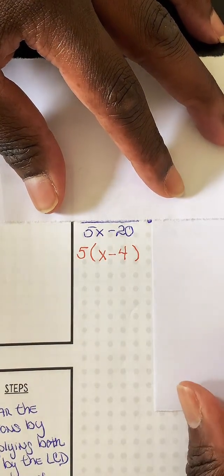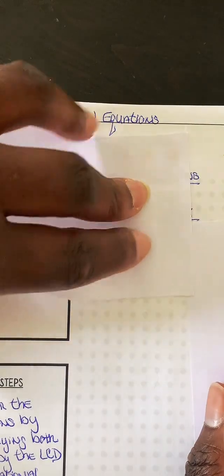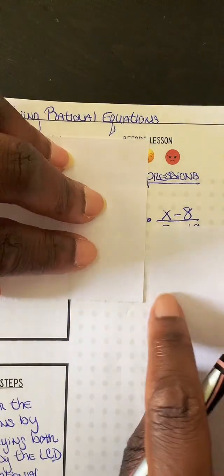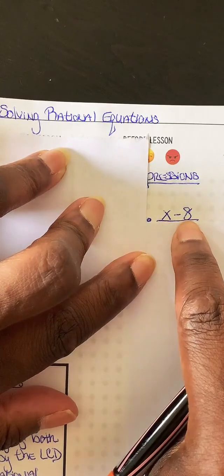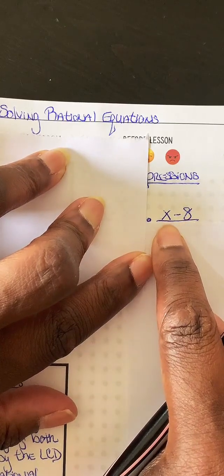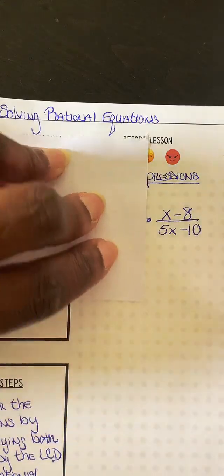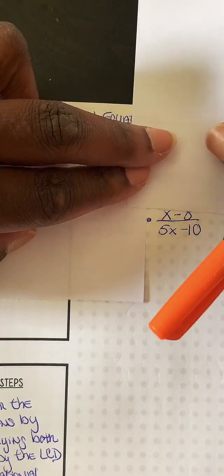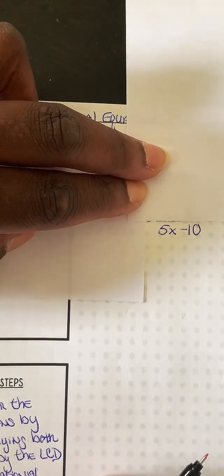Okay, so thank you, Christopher. Now we're going to focus our attention on the numerator of the next one. This is x minus 8, so that's already factored down. You can't go any further than that. There's no GCF other than 1, and it doesn't make any sense to write 1 and then a parenthesis.